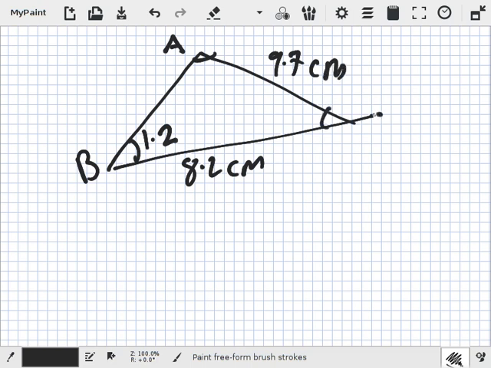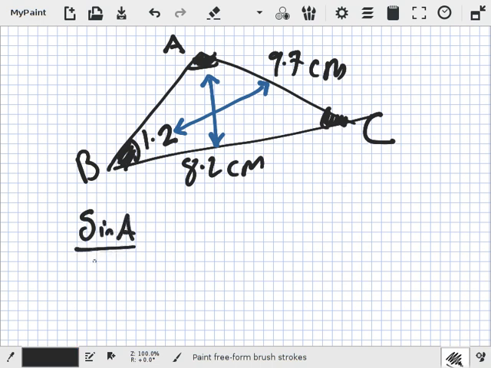And that's C. Find A. So this is where we use the sine rule. The way the sine rule works is you pair an angle with its opposite side and an angle with its opposite side. So here you say sine A over 8.2 equals sine 1.2 over 9.7.